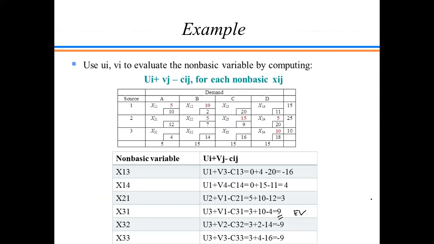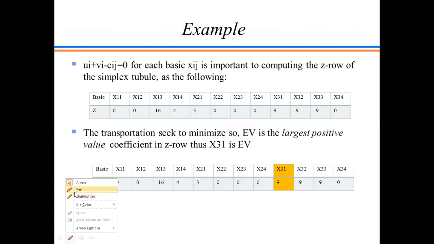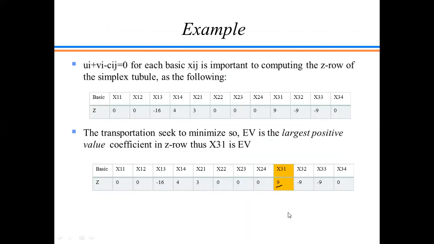Okay, so this is the first step: you determine the entering variable. Later in the exam you don't need to write this, because we already highlight in the previous one that x31 is the entering variable.